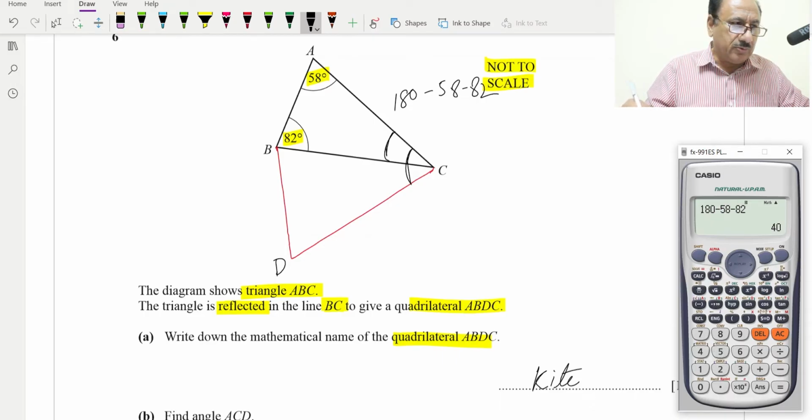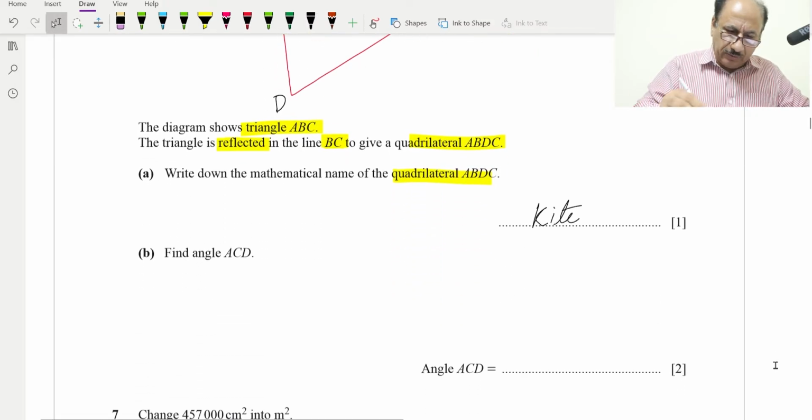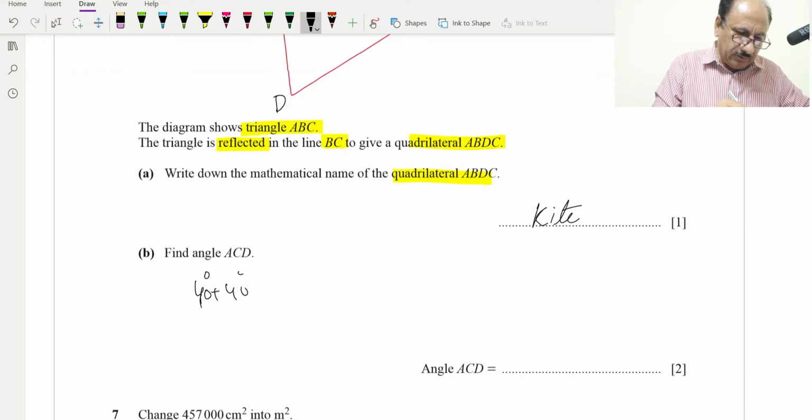This will be equal to 40. So this angle is 40 and this angle will also be 40, so these two will combine to 80. So we can write here 40 plus 40, and this will be equal to 80 degrees.